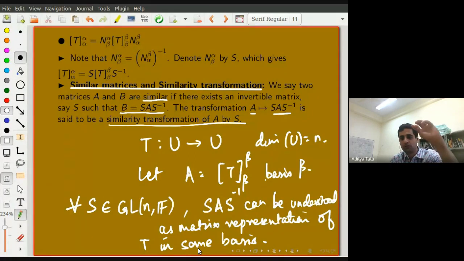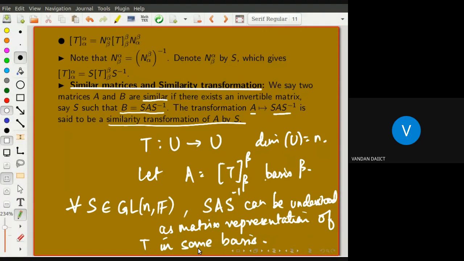You may have only one linear transformation, but you can have infinitely many matrices in principle that represent that single linear transformation. Does that make sense? Yes, sir. Okay.